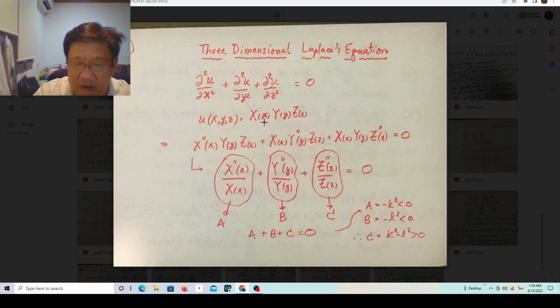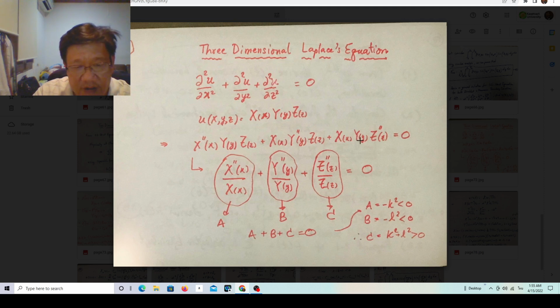When you substitute this representation into the original equation, you get this relationship. The first term you get the second order derivative for the X function, when Y and Z are constant. The second term you get the second order derivative for the Y function, when X and Z are constant. The third term you get the second order derivative for the Z function, and capital X, capital Y are constant.